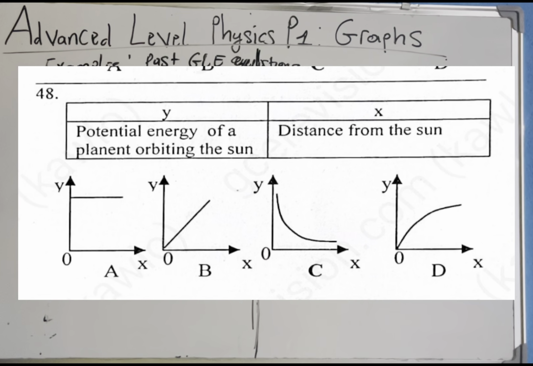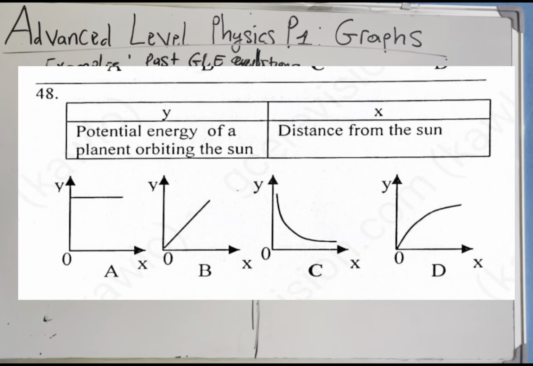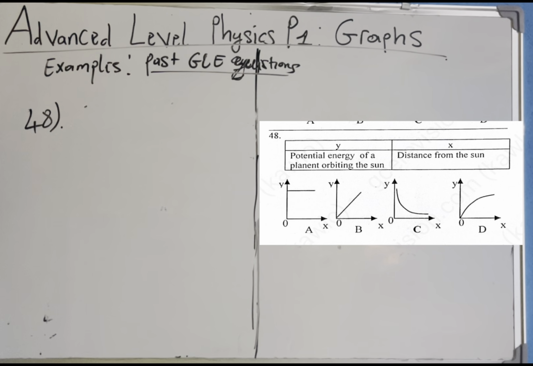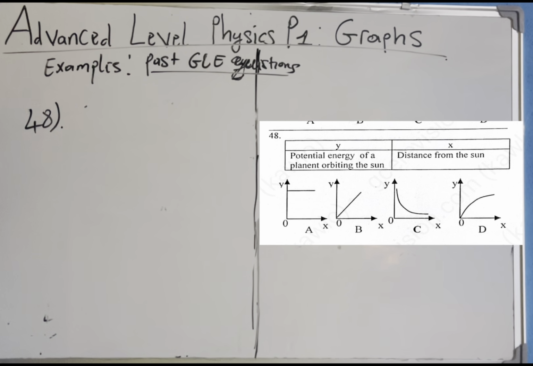Now 48, we are having the potential energy of a planet. Y represents the potential energy of a planet orbiting the sun, while X represents the distance from the sun. Here you should come out rapidly with the equation relating potential energy and the distance.